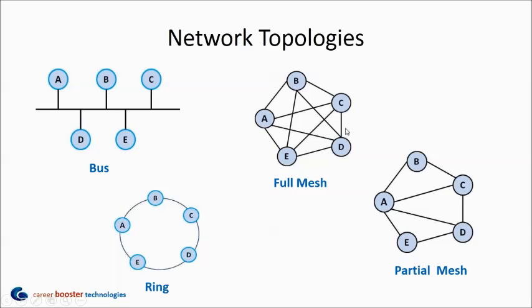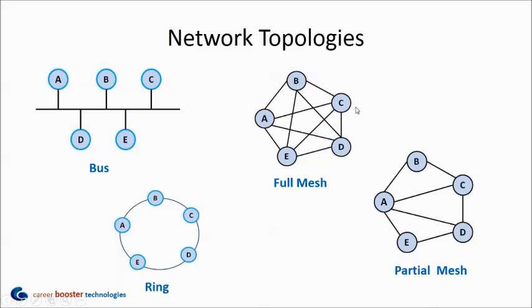Then comes the full mesh. This is perhaps the most expensive, relatively, in terms of connectivity and topology. The idea here is that you are looking for a lot of backup, a lot of redundant paths. You can see literally every element is connected to everything else. As a result, from every element you can see 4 connections come out.